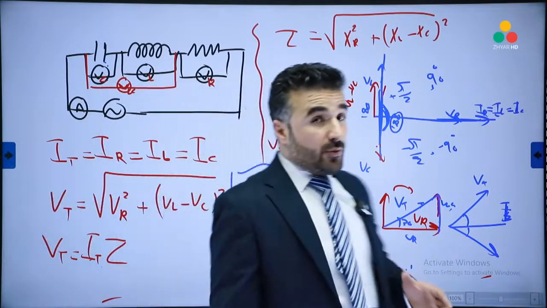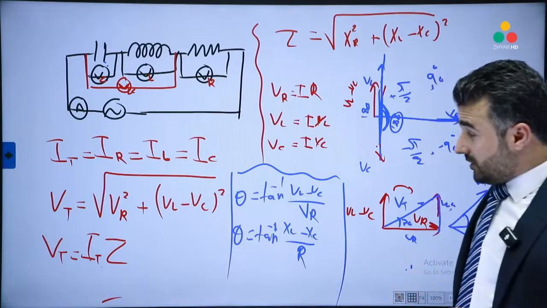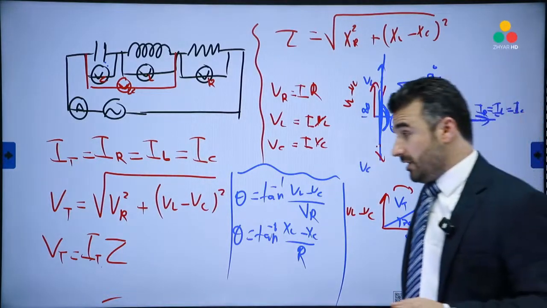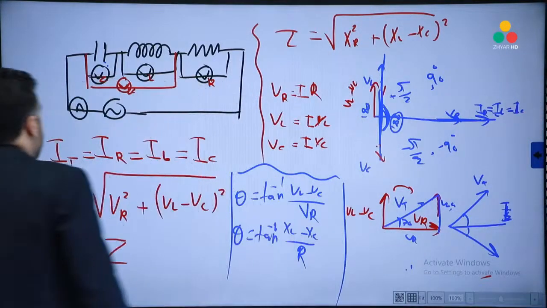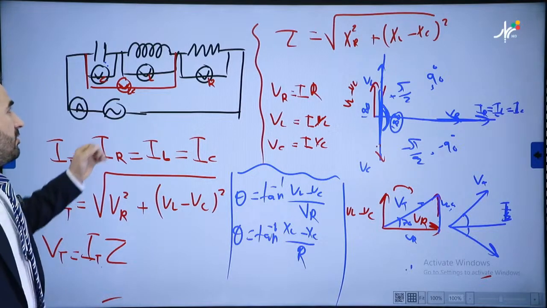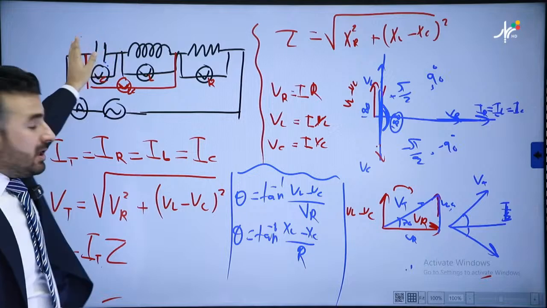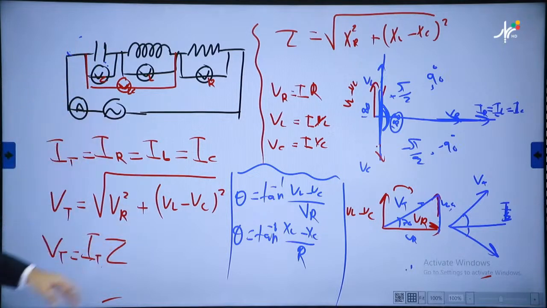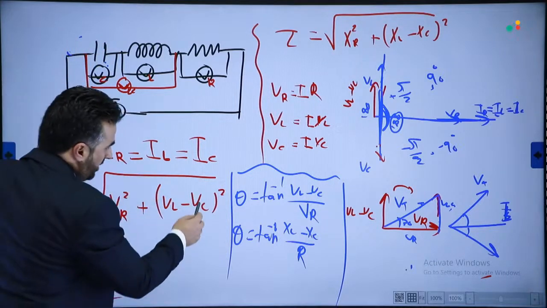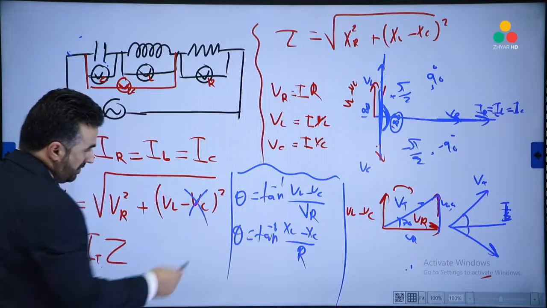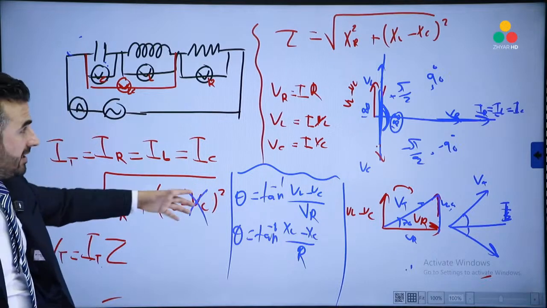But before we continue, there's something else I really want you to know. Let's say we have a circuit that has only two components. Let's say it doesn't have a capacitor. You're going to use the same equation, but if you don't have a capacitor, you're going to eliminate this from the equation. So you don't have to write this one here. That is for one of them.